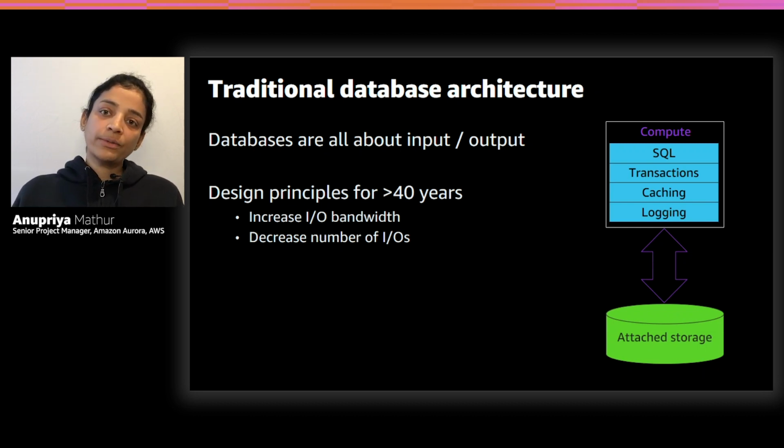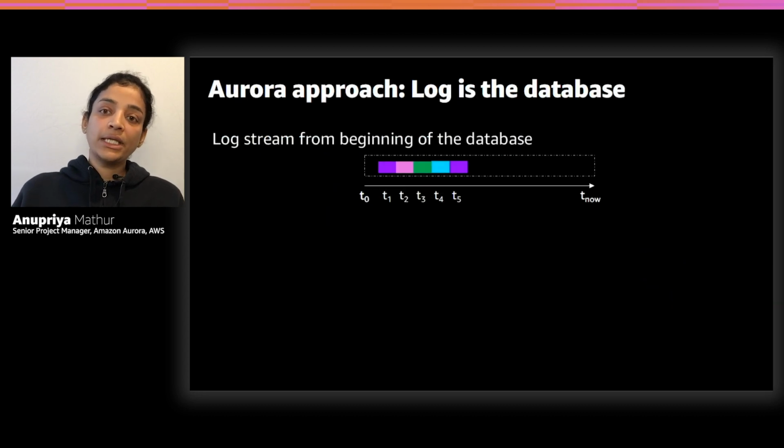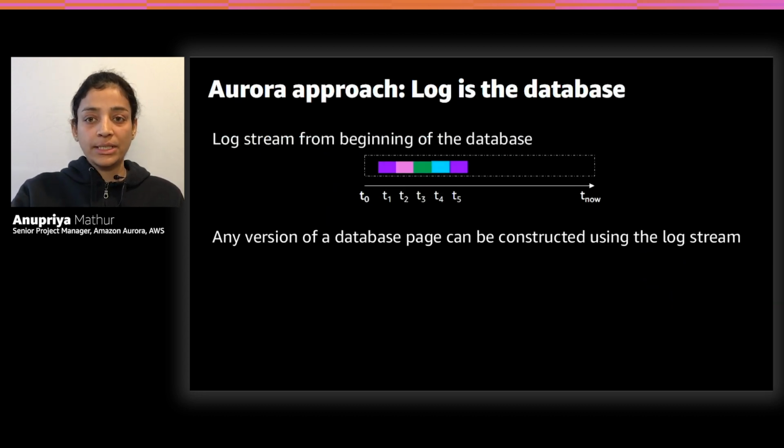So with Aurora, what we are saying is that your log is the database. As long as I have the complete log stream, I can reconstruct any page in my database.